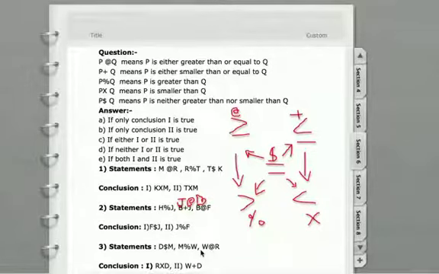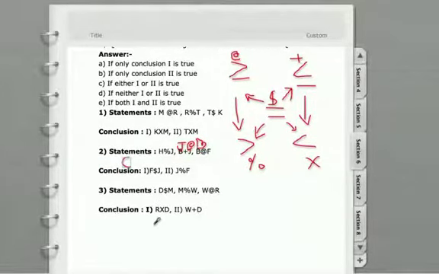So either f is equal to j, or f is smaller than j. So the answer will be either conclusion 1 or 2 follows, it is C. Moving to the next question.